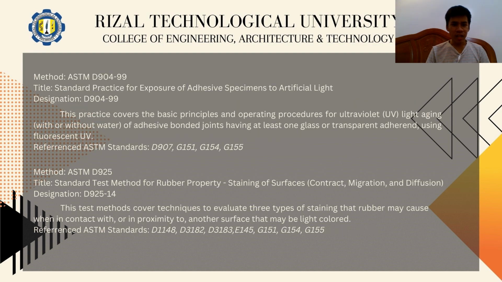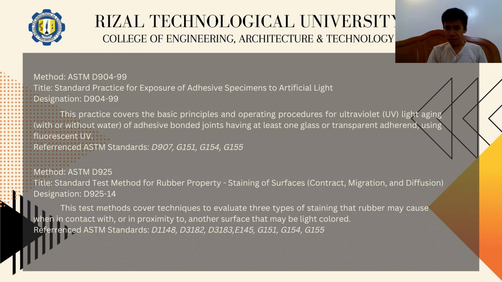Next is ASTM D904, Standard Practice for Exposure of Adhesive Specimens to Artificial Light. This practice covers the basic principles and operating procedures for ultraviolet light aging of adhesive bonded joints having at least one glass or transparent adherend using fluorescent lamps.